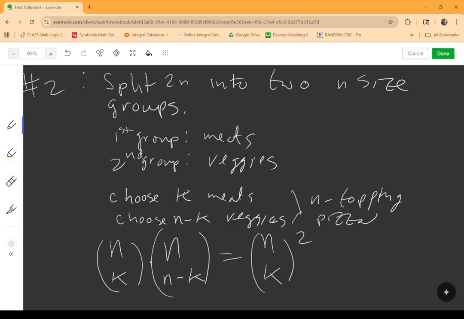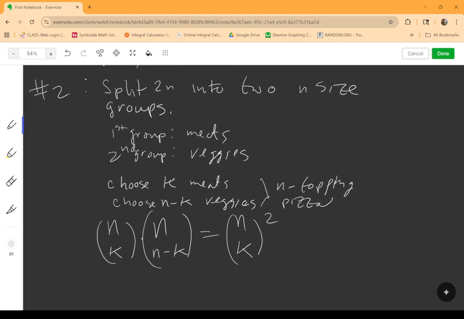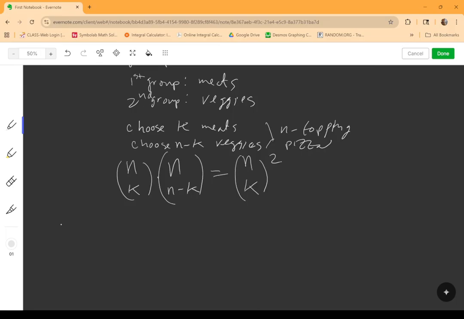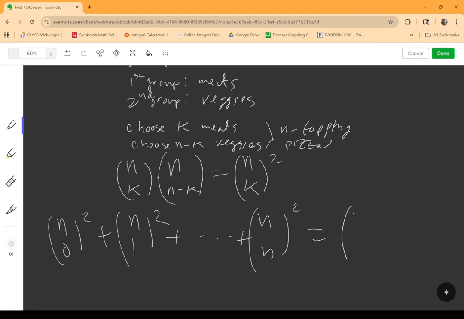Now, k was arbitrary, so this will hold for k going from 0 to n. So that proves our identity: n choose 0 squared plus n choose 1 squared, etc., all the way up to n choose n squared is identical to 2n choose n, through our combinatorial approach here.